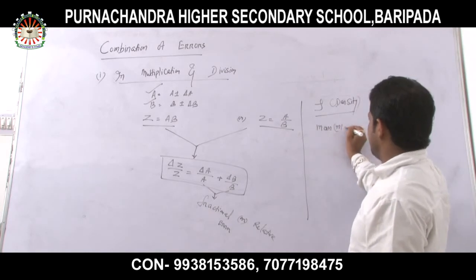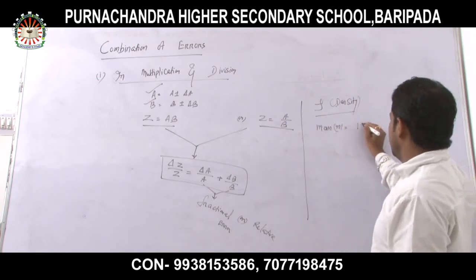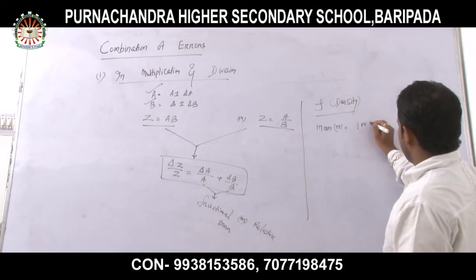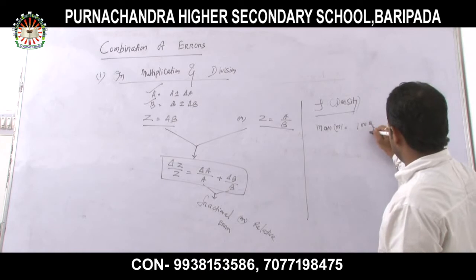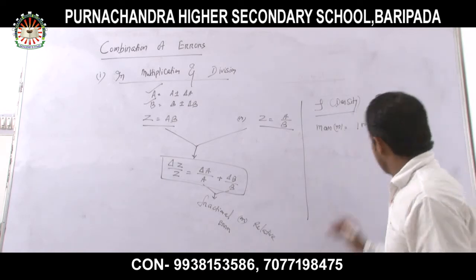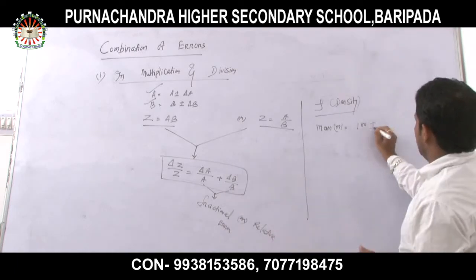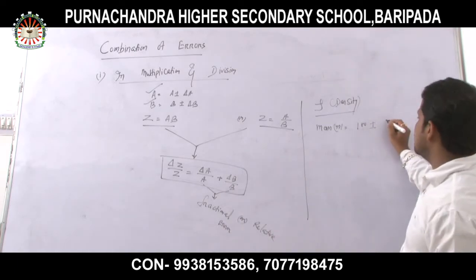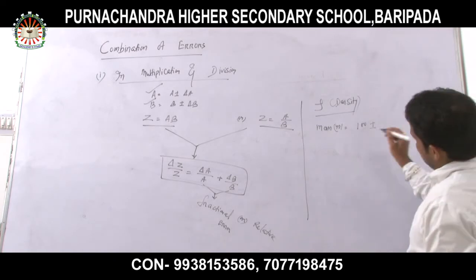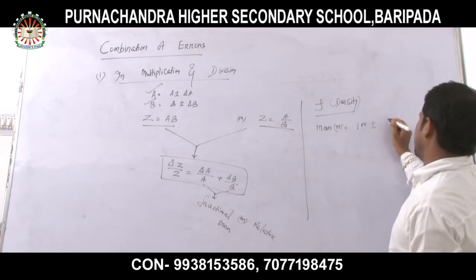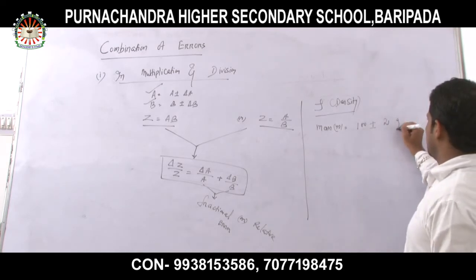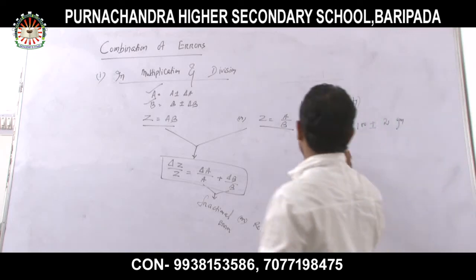Mass M is given as 100 plus minus 2 gram. Clear? This is the mass.